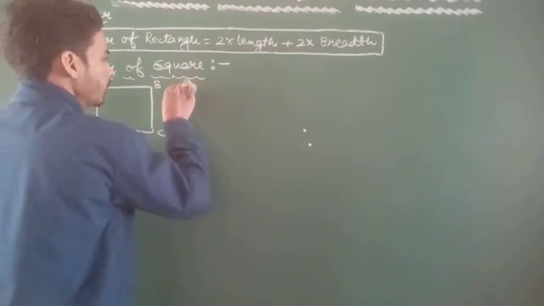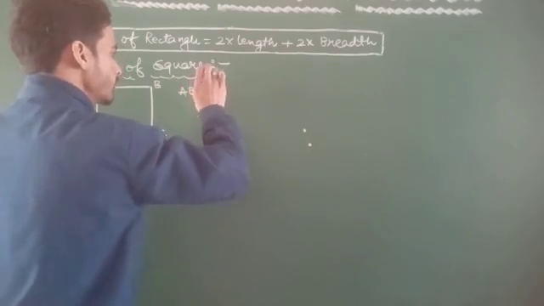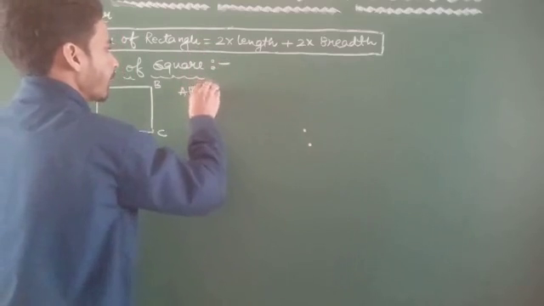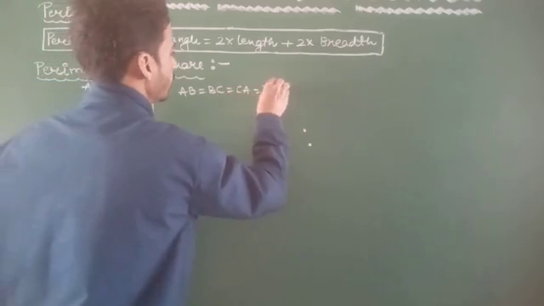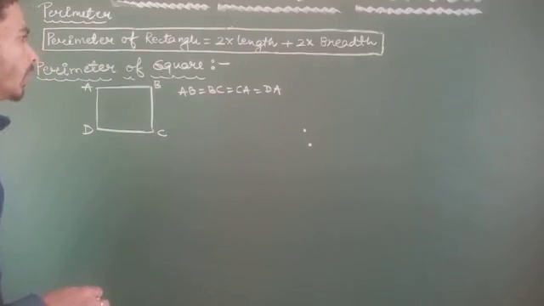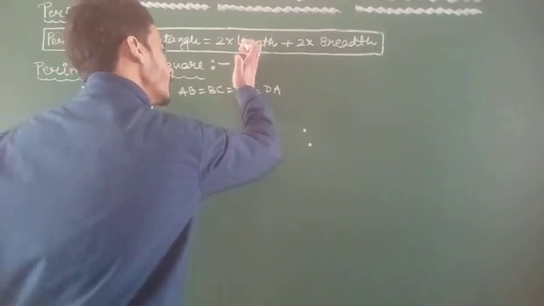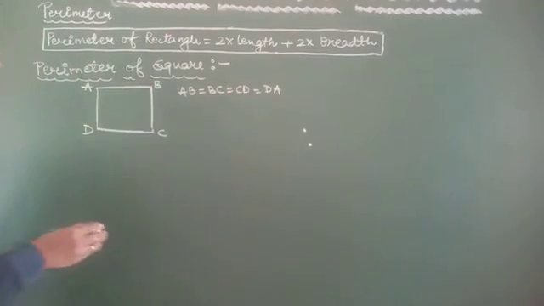So AB is equal to BC is equal to CD is equal to DA.